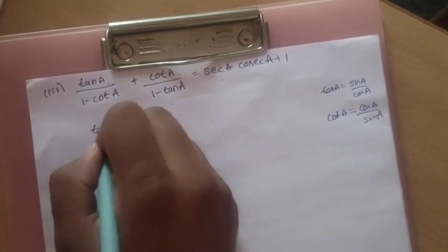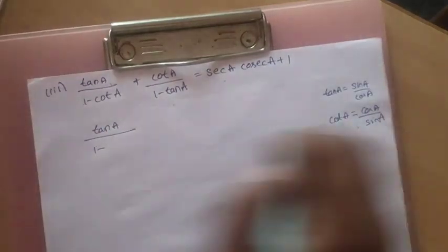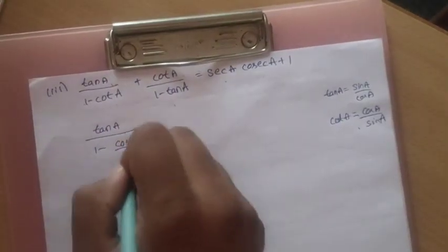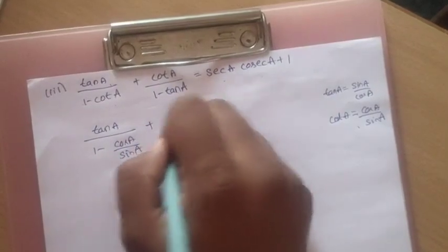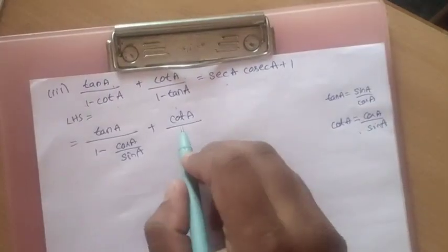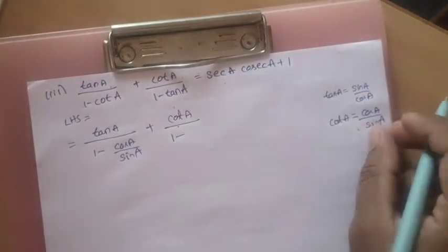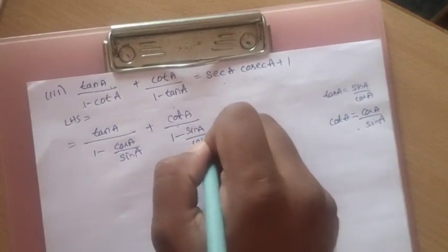So tan a I will take as it is. 1 minus cot a can be written as cos a dividing by sin a. First I will resolve the denominator. So similarly cot a, first I am considering LHS, by solving LHS only we are doing. So cot a dividing by 1 minus tan a, which means sin a dividing by cos a, right?